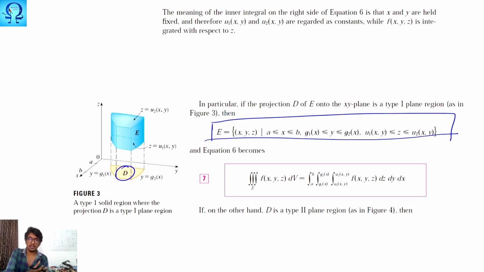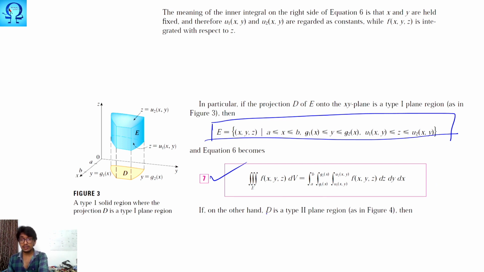So in the bounded region in space E, if you make your z to be 0, you are going to get D, right? So if D is also some general region, then our integral would become something like equation 7.